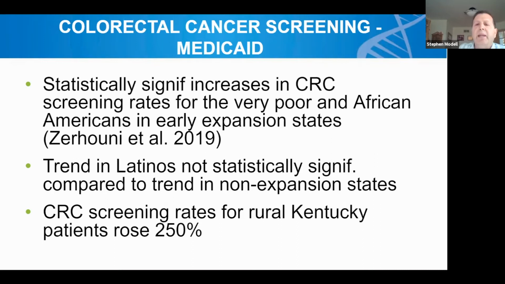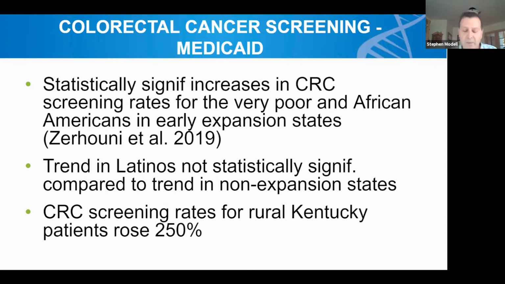There have been increases in screening rates for them, but the difference in trends between Latinos in early expansion states and non-expansion states was not found to be statistically significant. And that means that more has to be addressed for them. If we take a look at the state of Oregon, this state displayed a relatively high CRC screening rate compared to whites. The ratio is about 1.2. Possible contributors to this are a statewide public health campaign they mounted that promoted CRC screening and the use of community health workers, which is a staple in public health.